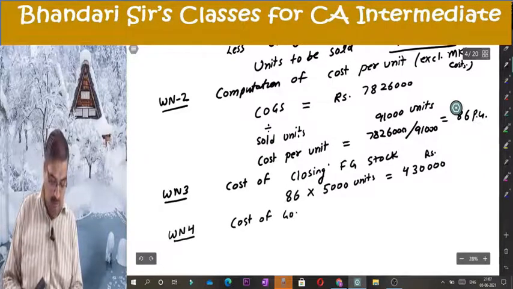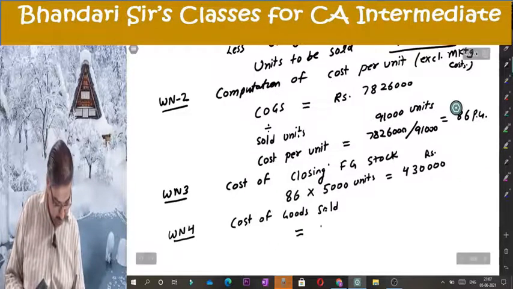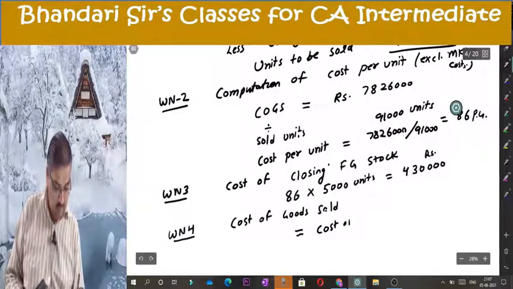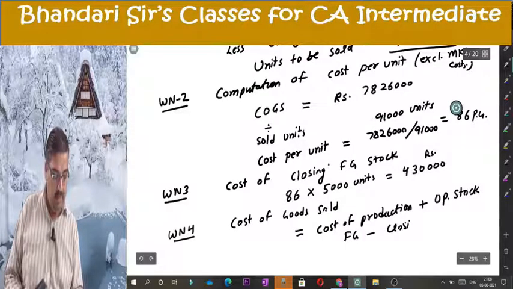Working note number 4. Cost of goods sold equals cost of production plus opening stock of finished goods minus closing stock of finished goods.